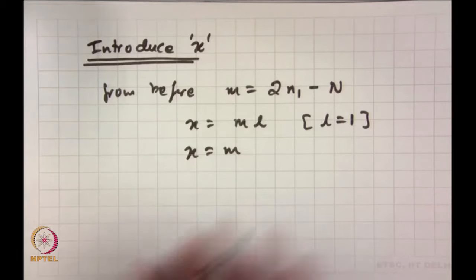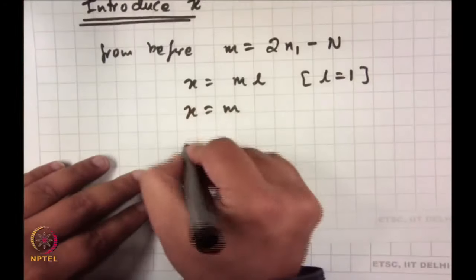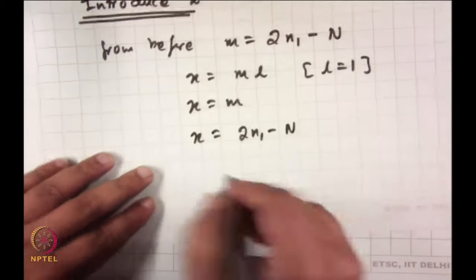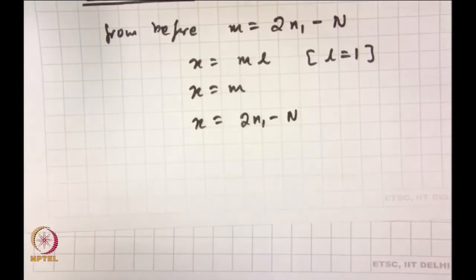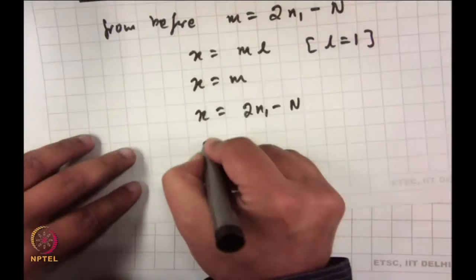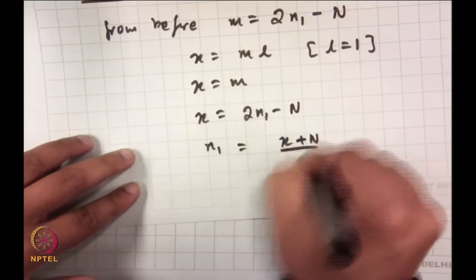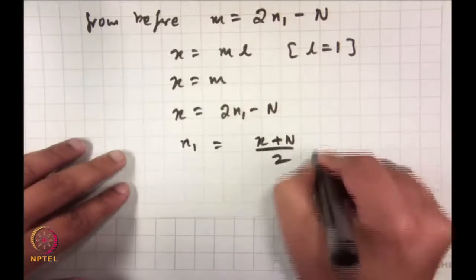So therefore, what I write is x is equal to 2 n1 minus n. Remember what are we trying to find? We are trying to find something in terms of x, right. That means we have to replace n1 by x. So that is what we are doing now. So n1 is equal to x plus n over 2, and this is number 14.